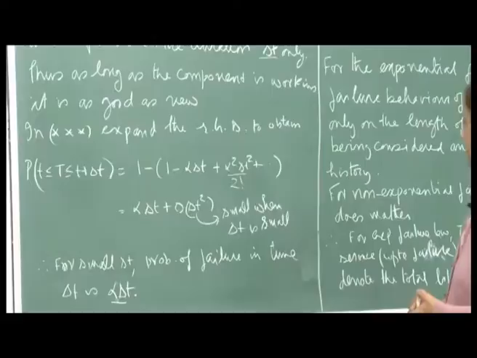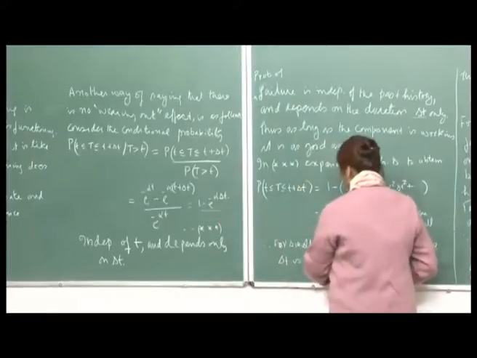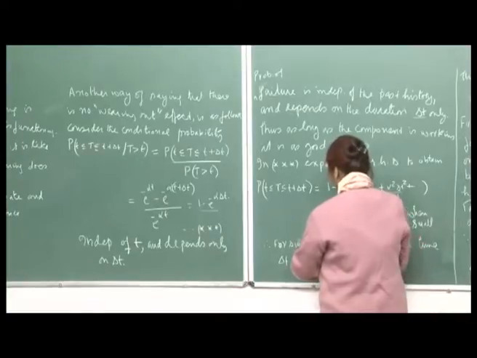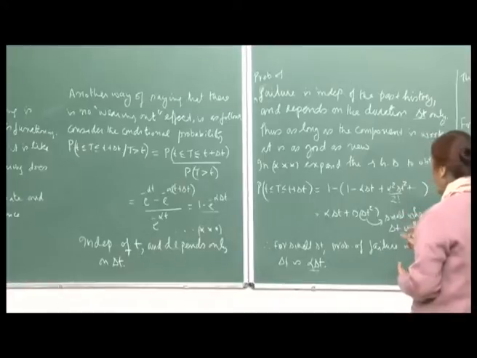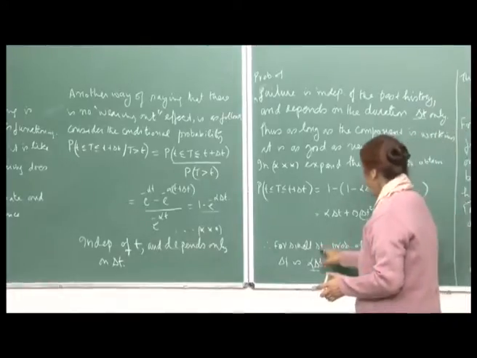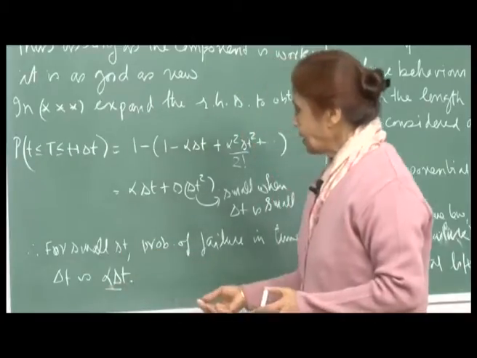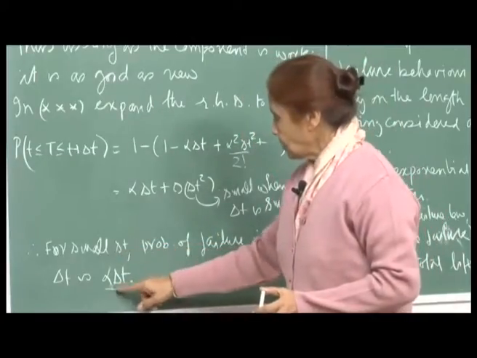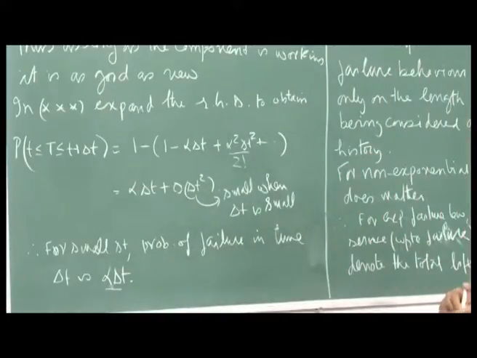Now, in fact, we have given a better expression from here. You can immediately conclude quite a few things from here. So, that means, in a small interval, no matter where that time interval is, of length delta t, the probability of a failure in that time period is proportional to the time period itself, delta t. Okay.